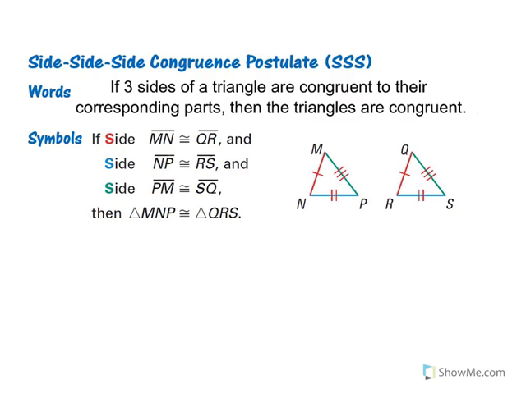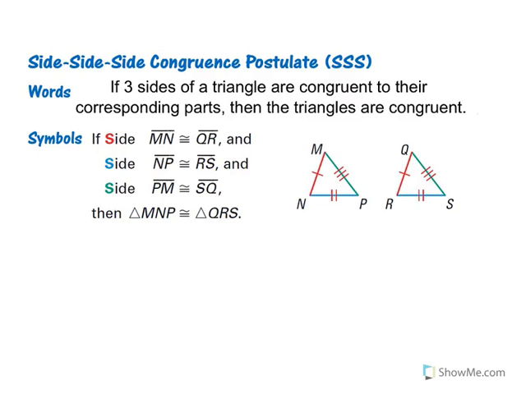Now we'll talk about the different ways that you can prove that you have congruent triangles. There are some theorems and postulates that we'll look at, and you can use these to say that you have congruent triangles. The first way is the side-side-side congruence postulate, usually just referred to as SSS. It tells us that if you have 3 sides of a triangle that are congruent to their corresponding parts, then the triangles are congruent.